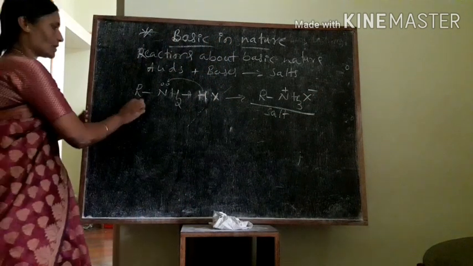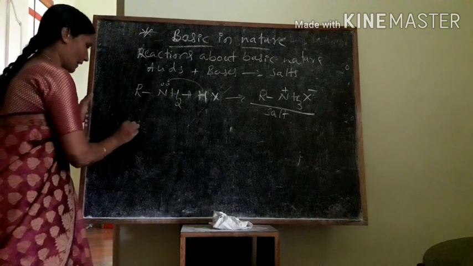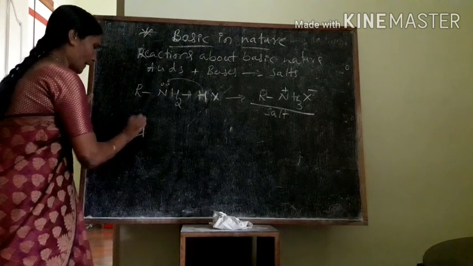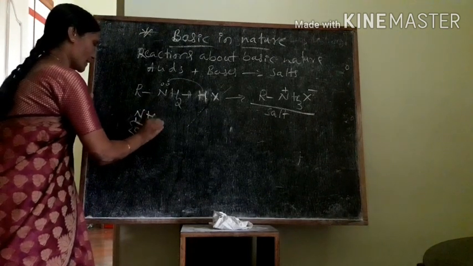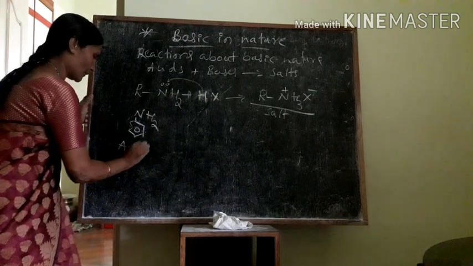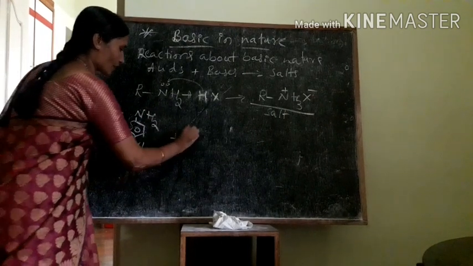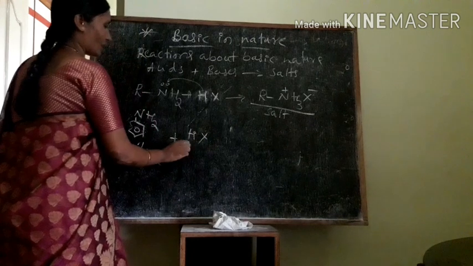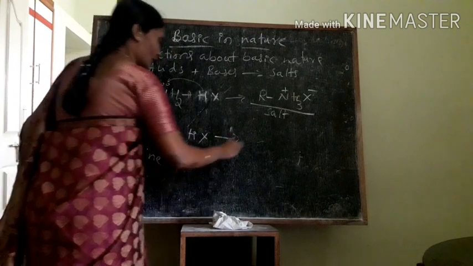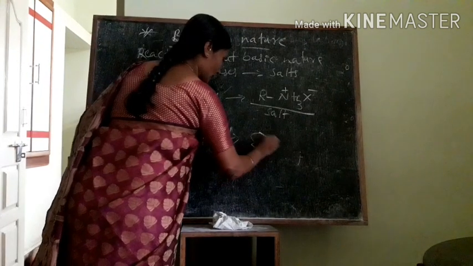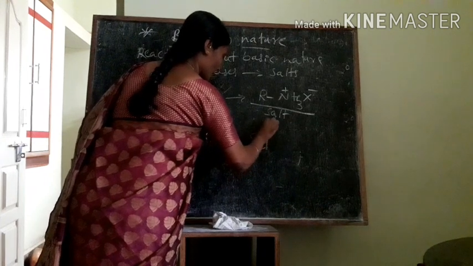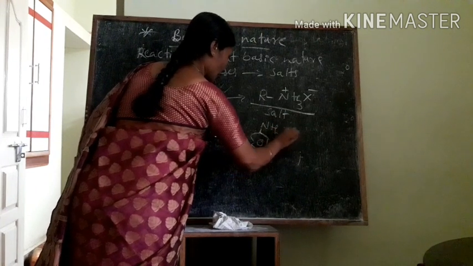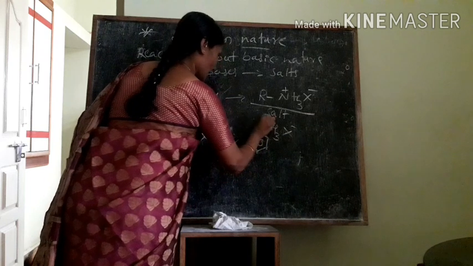So this is one general example. I will take an aromatic amine, that is aniline. It also reacts with the mineral acid HX. Definitely the product is anilinium salt, C6H5NH3+ X-.